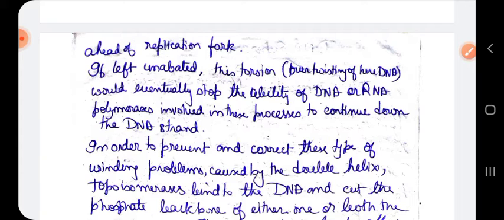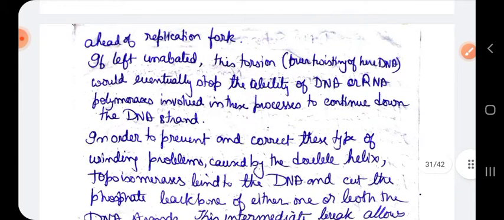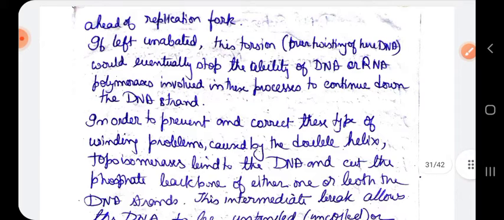If you don't solve this, what will happen later on when RNA polymerase in the case of transcription, or DNA polymerase 3 in the case of replication, will eventually stop? No more unwinding of the DNA occurs because too much torsion, too much force is created due to knot formation.